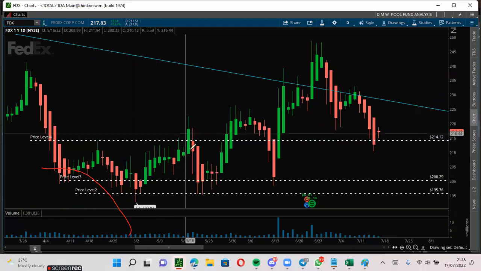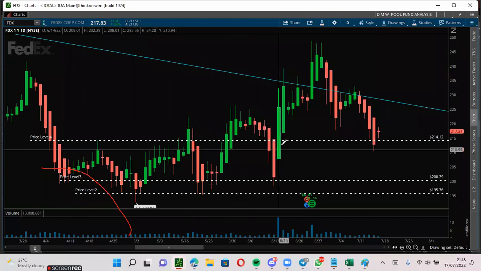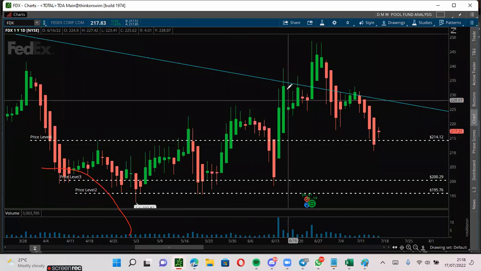Bottom, bottom, bottom, and now it is trying to break out. It failed again, but eventually it broke out of this level.